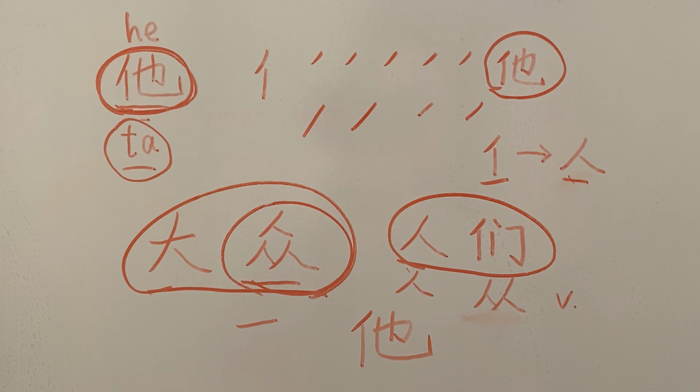It needs practice. You need a lot of practice to write that, right? So English is easier, right? He, just he. So that's a way to explain Chinese words. I hope you enjoy this video. See you.